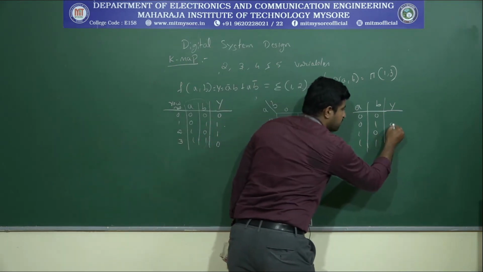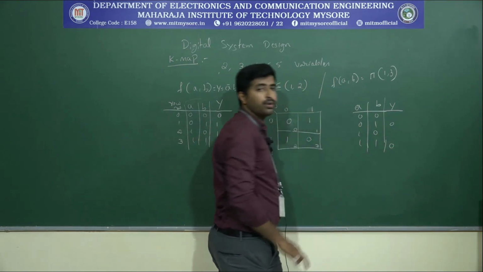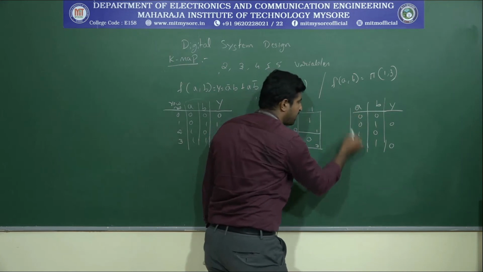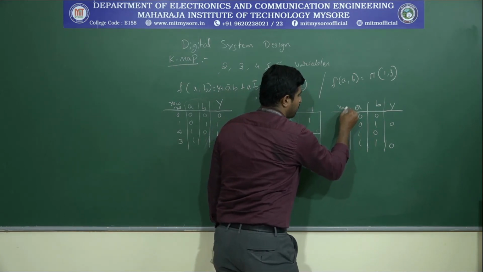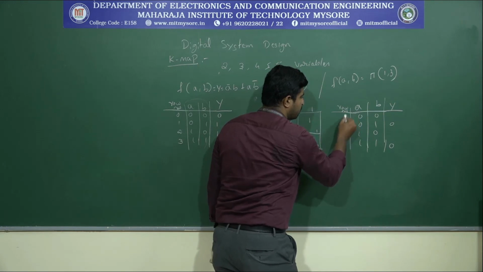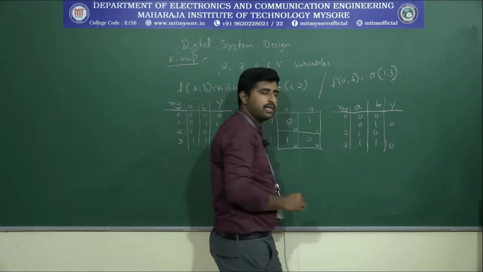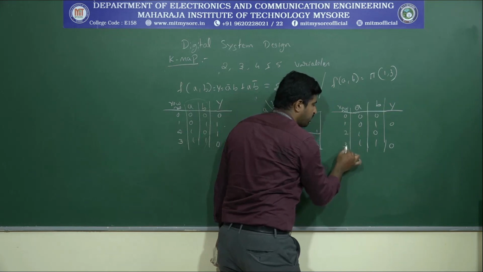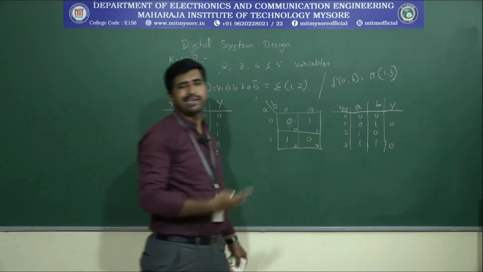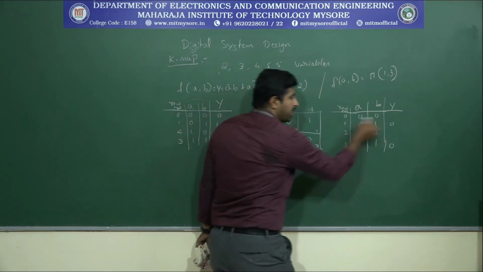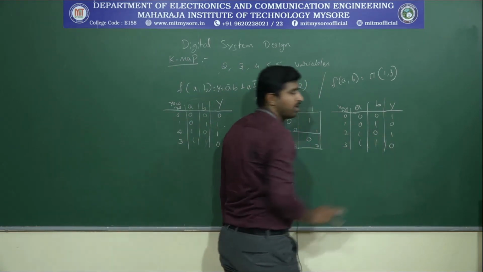So this is 0 and this is 0, right? Because the row numbers are 0 1 2 3. So for row 1 and row 3, the output generated is 0. That's what these equations tell, right? So the remaining will be 1 1.